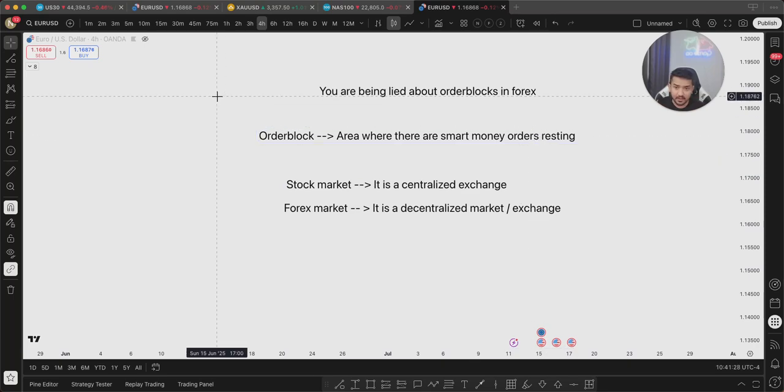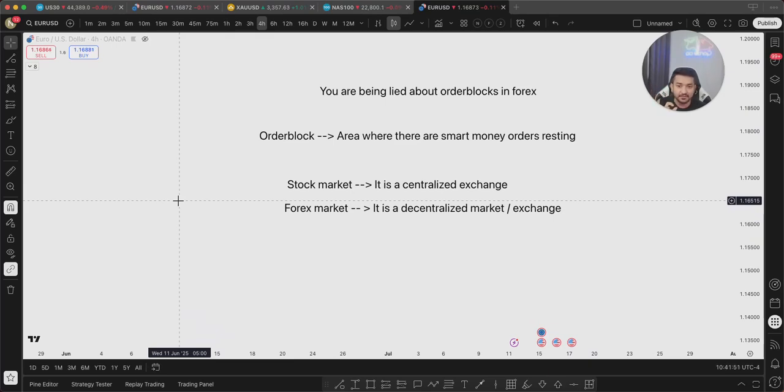But that's why you would have also realized that Oanda would have a different bid versus ask for a particular pair versus forex.com, versus a Saxo Bank or any other broker for that matter. The reason is that these brokers are connected to certain liquidity providers, which are the banks.